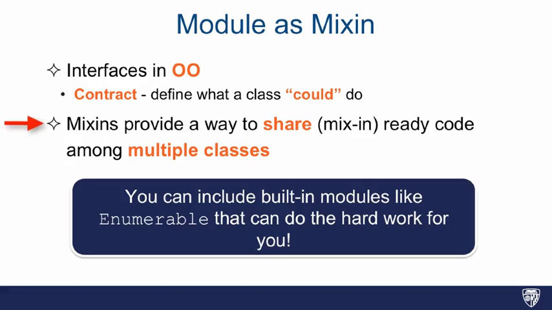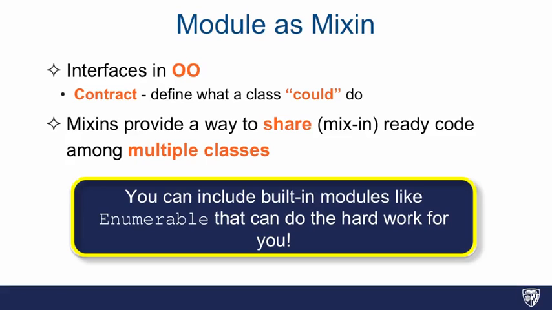Mixins go a step beyond that. They actually provide a way to share code, which is why they're called mixins, to share code between multiple classes. Not only that, you could even include built-in modules like Enumerable that do the hard work for you, as we're going to see in a minute.